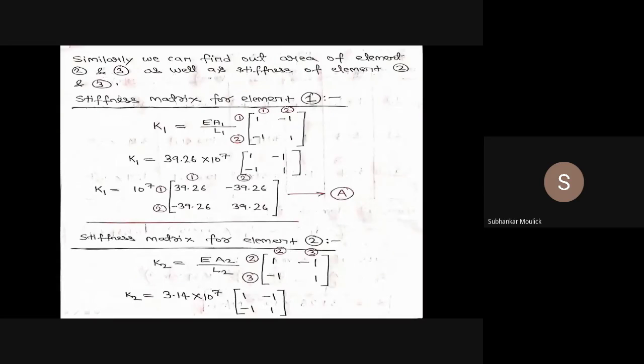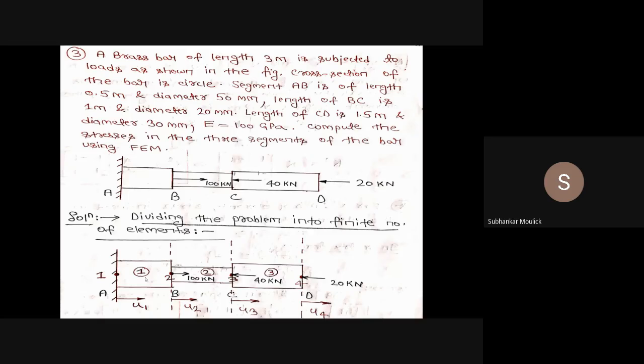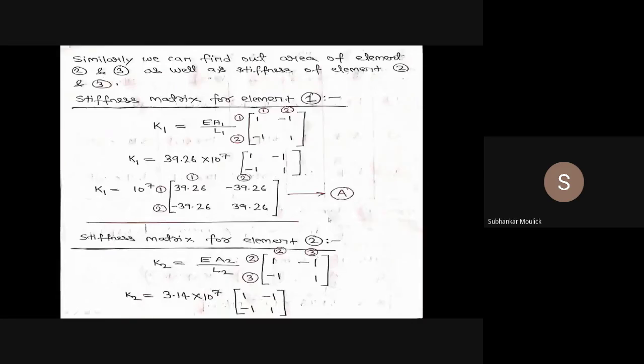And I know what will be the order of the stiffness matrix. Order of the stiffness matrix will be equal to the number of nodes present in the element. If I am talking about the first element, you can see the first element comprises two nodes, that is node 1 and node 2. So the size of the stiffness matrix will be a 2 cross 2 matrix.